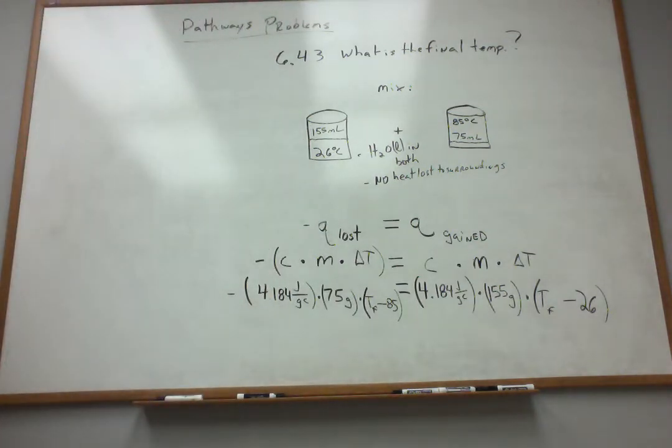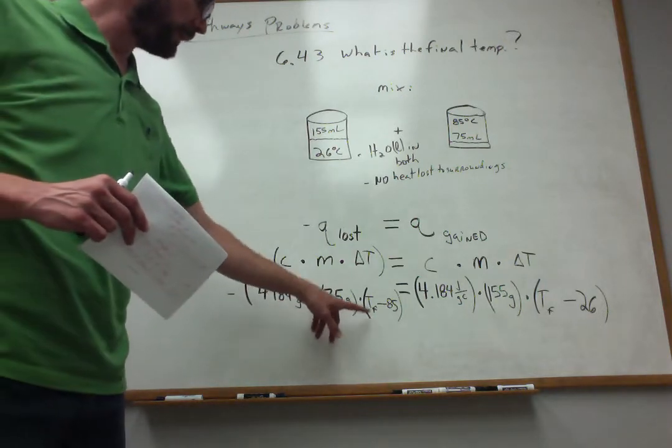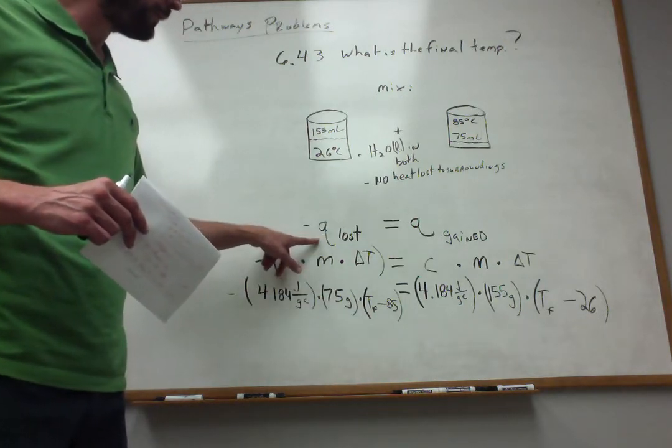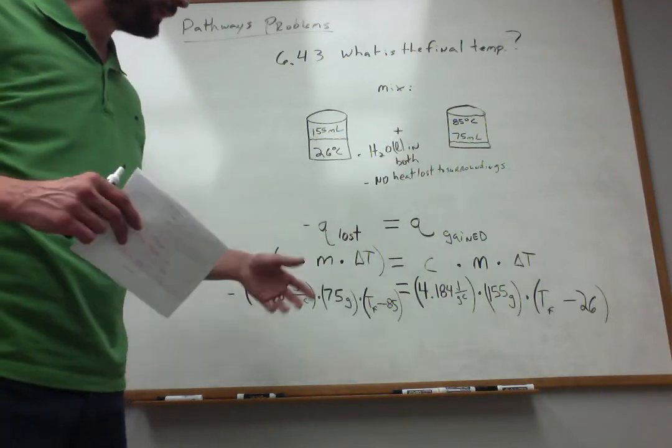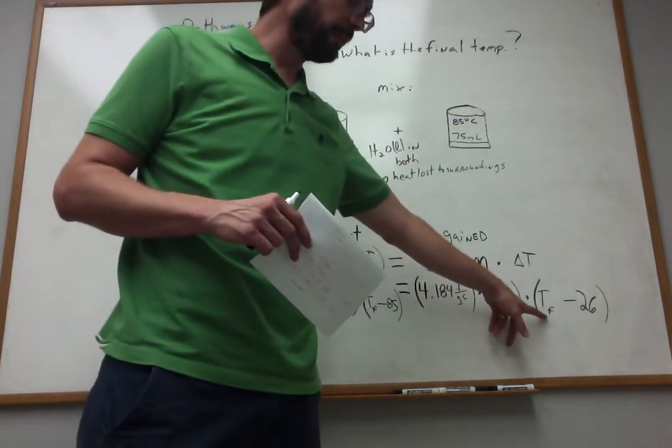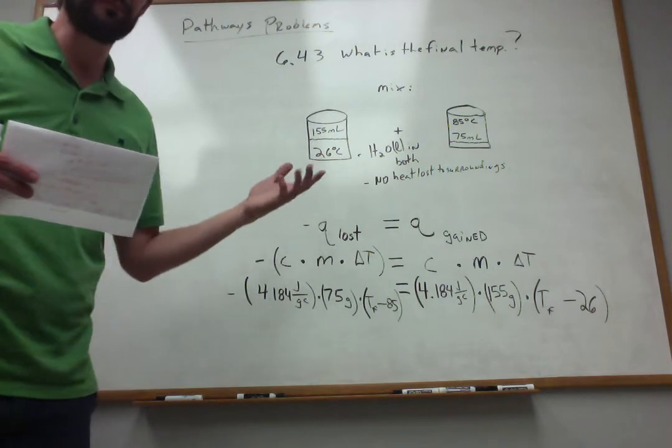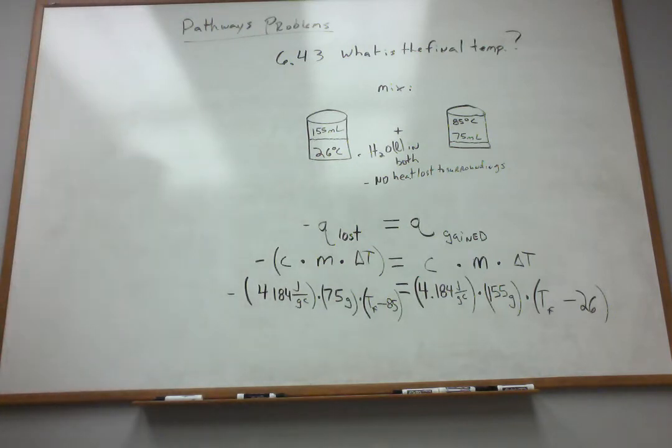They are, right? Because when I mix these two water samples, they're going to reach some intermediate temperature and everything is going to end up at the same temperature. So the final temperature for the heat lost from the warm sample is going to be the same as the final temperature of the stuff that warms up. Okay? So that's the beauty of this.